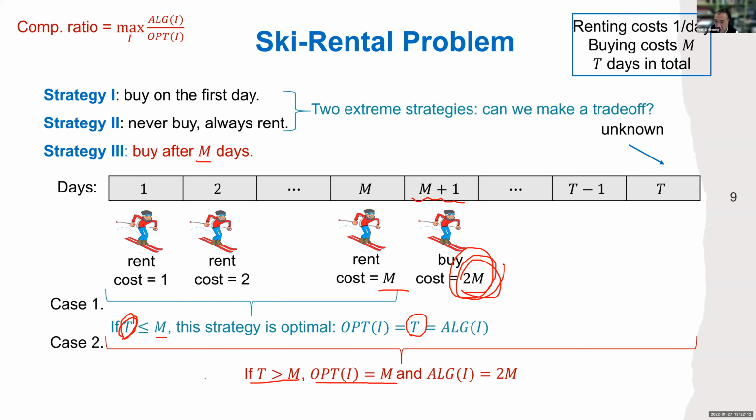Your optimal is M. So what's my ratio? 2, right? Basically you already proved with this very simple algorithm, you can get a competitive ratio of 2. The worst case is 2 times OPT. That's what we discover.